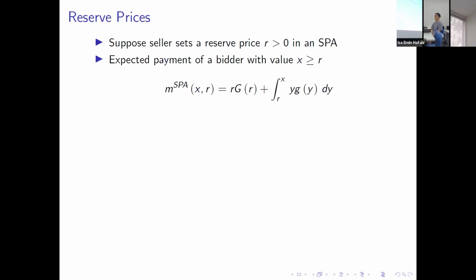Reserve price means that the auctioneer is using some auction format, but saying that I'm not going to sell, I'm going to keep the item if the selling price is smaller than some value. So I'm not going to sell for less than $1,000 for this painting, for example. And this is used in practice, so it is important to understand the implications of reserve prices on auctions. The reserve price is going to be denoted by R.